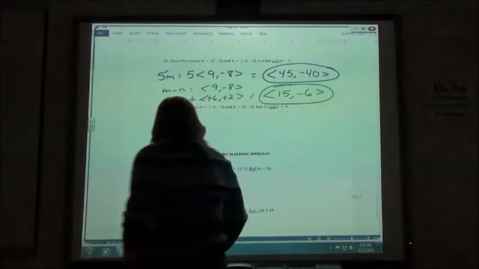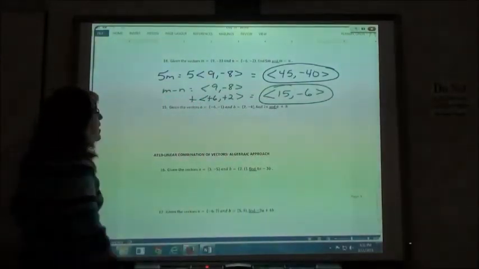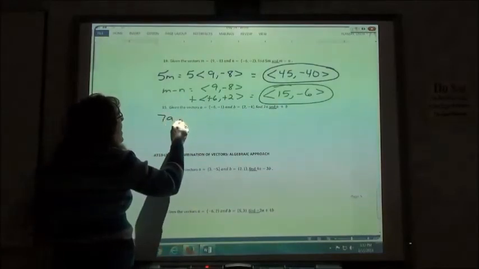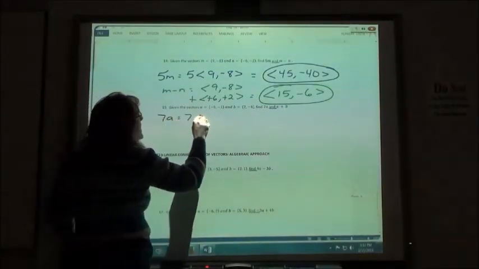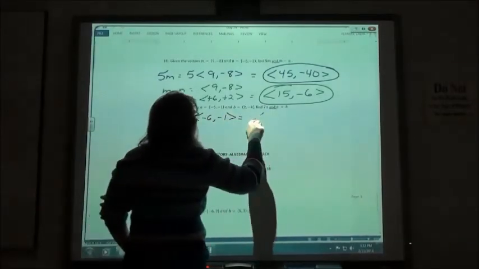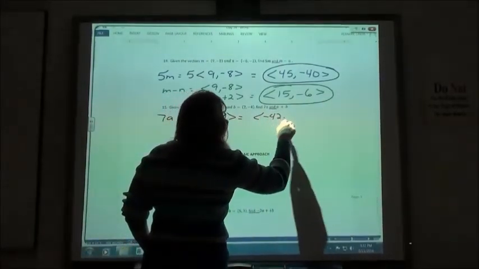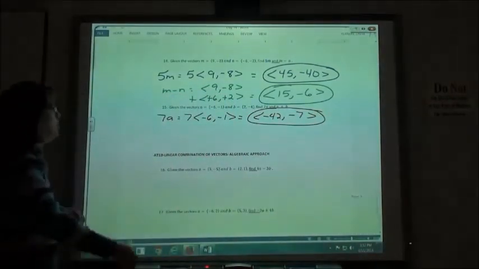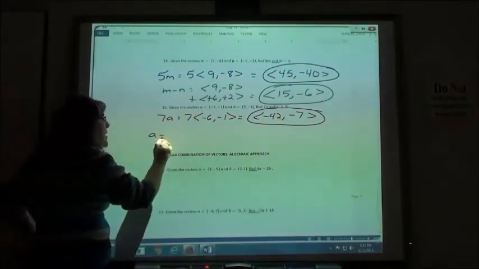And number 15, same kind of thing here. I'm going to do 7a first, so 7 times my a vector means I'm going to take 7 times -6 and -1. So I would end up with -42, -7. And then I'm also going to do a plus b.